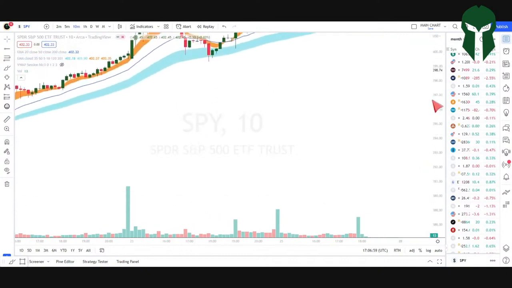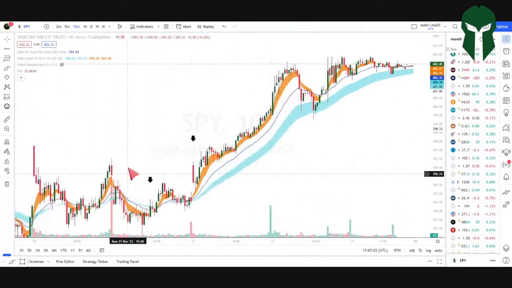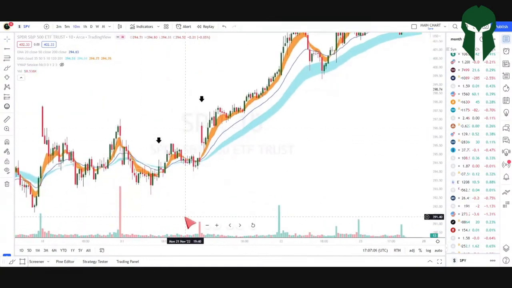Now, if we look at this, you're going to have a completely different outlook. But see these arrows? This is one of the reasons why I like this system a little bit better. If I'm waiting to make sure that I'm above all of this, well, I'm above it all right here.